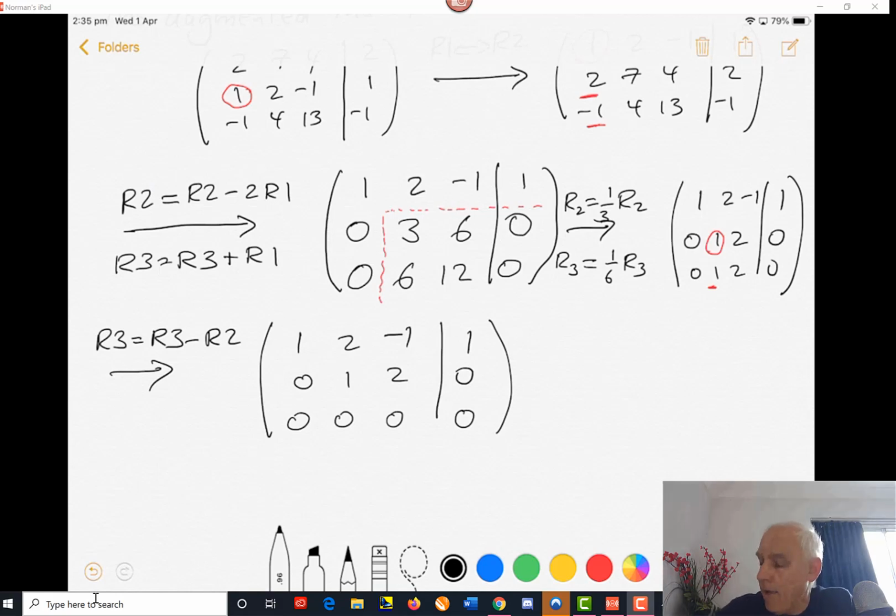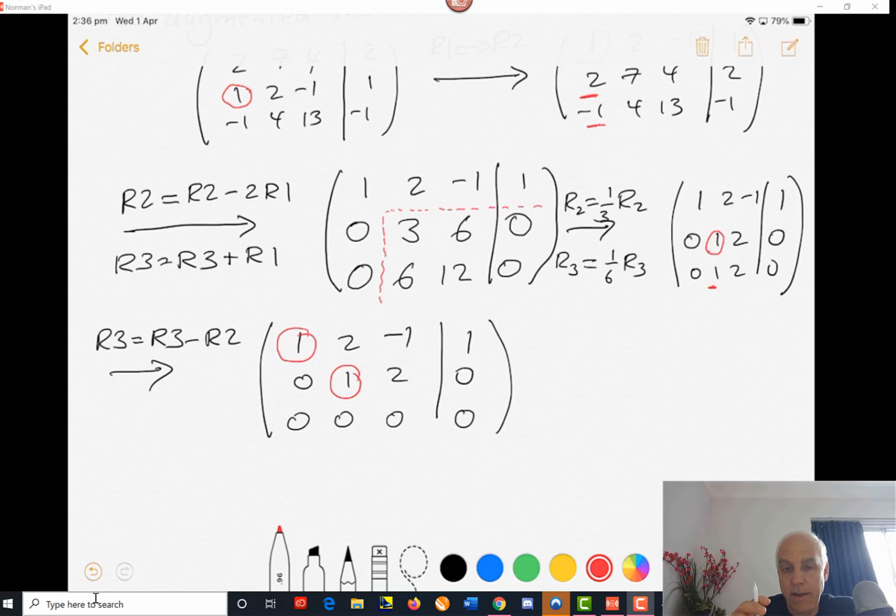Okay, now I'm in a pretty happy position because the leading entries of these rows, that is the leftmost non-zero entry in the rows, are these ones right here. This third row doesn't have any non-zero entries, but the first 2 rows have these non-zero entries, which I've circled, and they happen to be 1, which is very nice, and they are staggered.